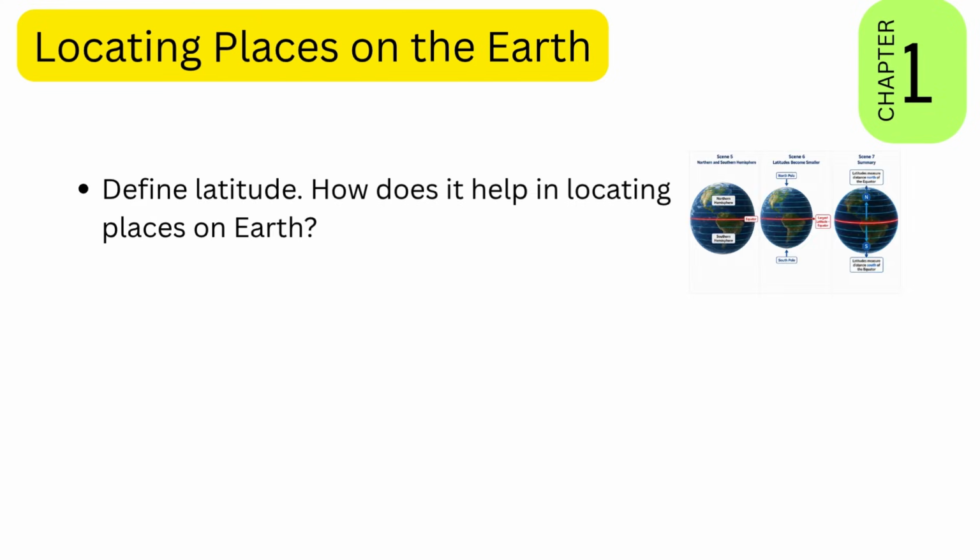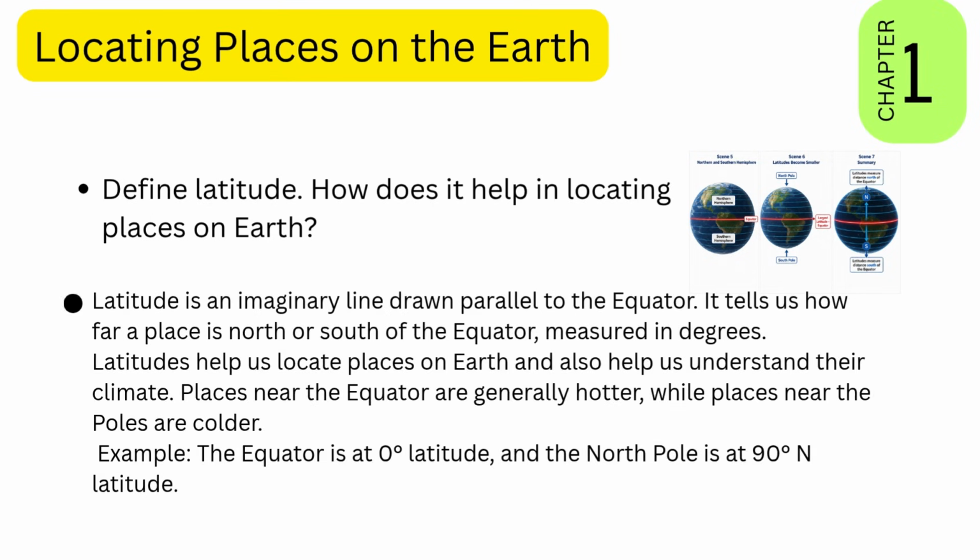Next question is, define latitudes. How does it help in locating places on earth? Latitude is an imaginary line drawn parallel to the equator. It tells us how far a place is north or south of the equator, measured in degrees.